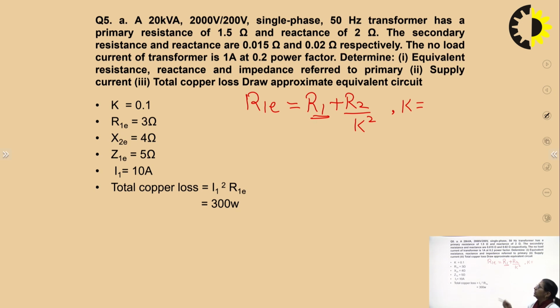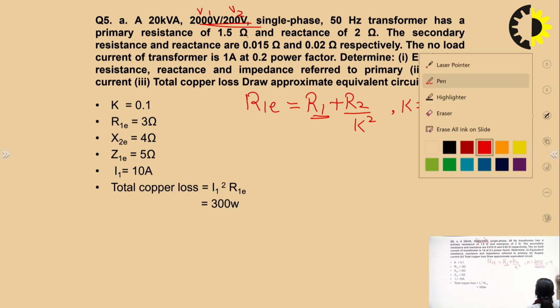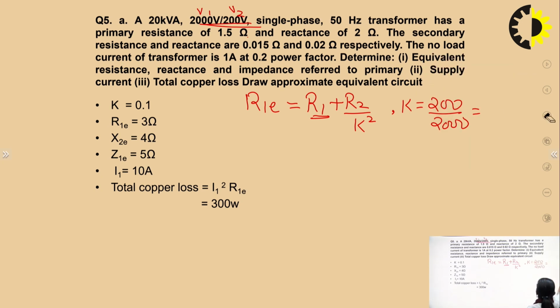We have to see the rating of the transformer. This is V1, this is V2. So V2 by V1 is 200 by 2000, which is 0.1. So K is 0.1.